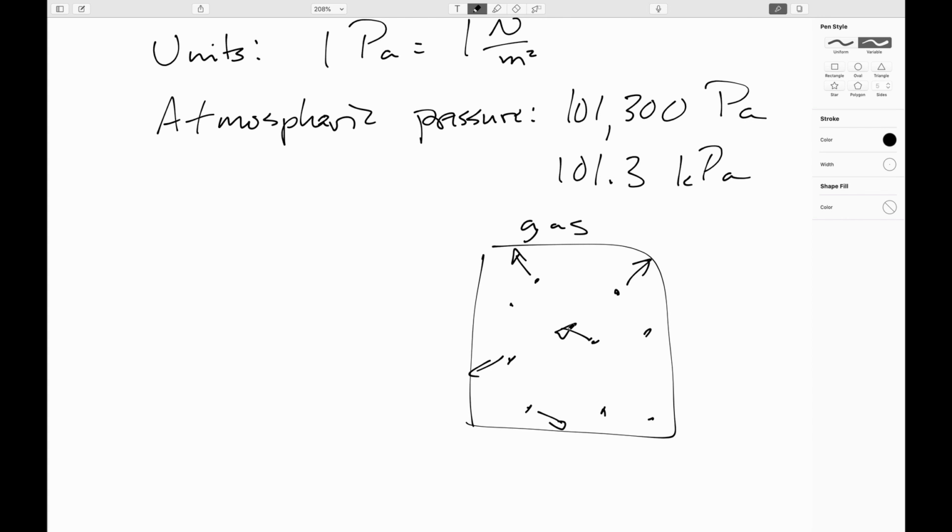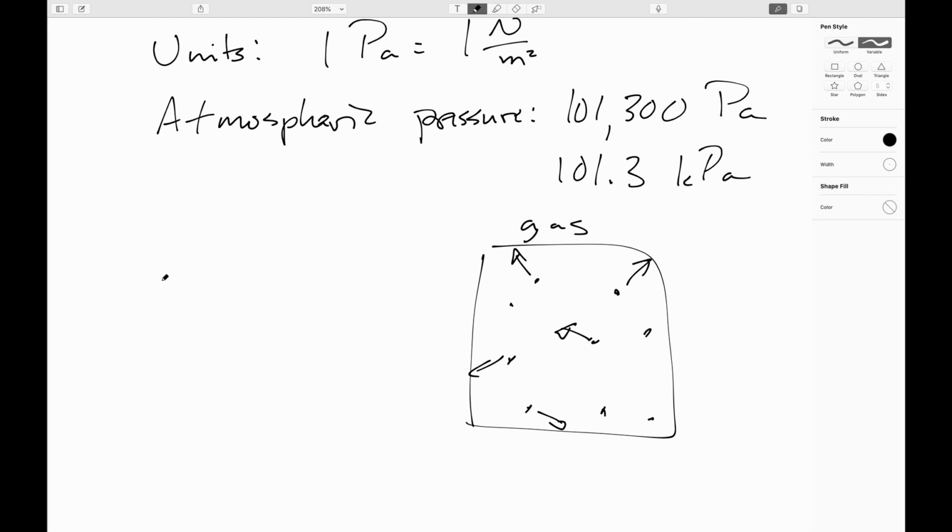There is a slight gradient. Because of gravity, there will be slightly more gas molecules at the bottom, and the pressure will be a little higher. It'll be a little lower up here. But for a gas, unless you're talking about, say, a room or something like that, where you can definitely measure it, it's usually not a big deal.